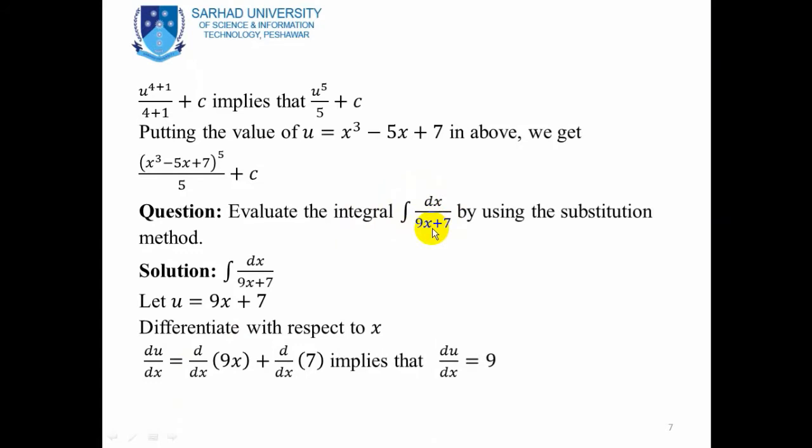Which part will be supposed for the new domain u? If we suppose 9x plus 7, we can easily obtain dx in the new operator du. If we suppose u is equal to 9x plus 7, then in place of 9x plus 7 we will put u, but dx is still present.